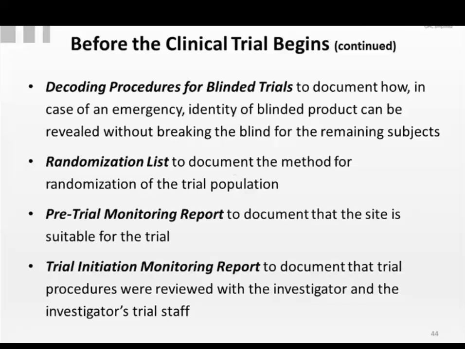The pre-trial monitoring report documents that the site is suitable to conduct the trial. And the trial initiation monitoring report. This documents that the trial procedures were reviewed with the investigator and with the investigator's trial staff prior to starting the clinical trial.